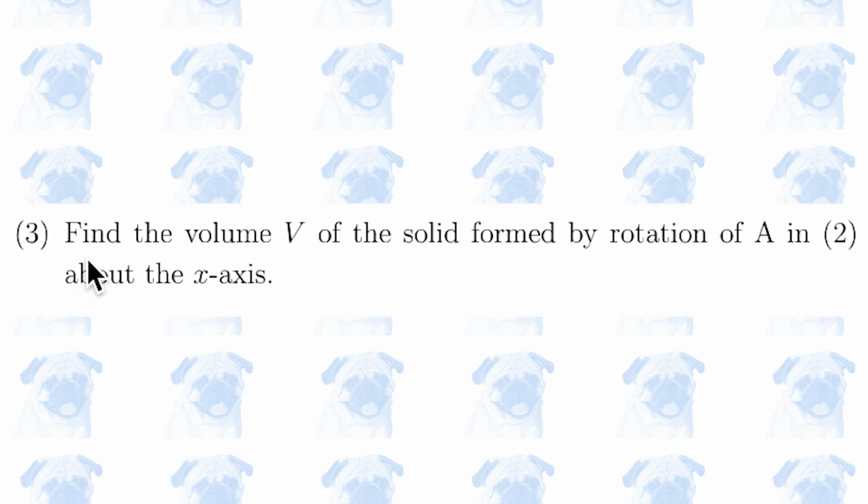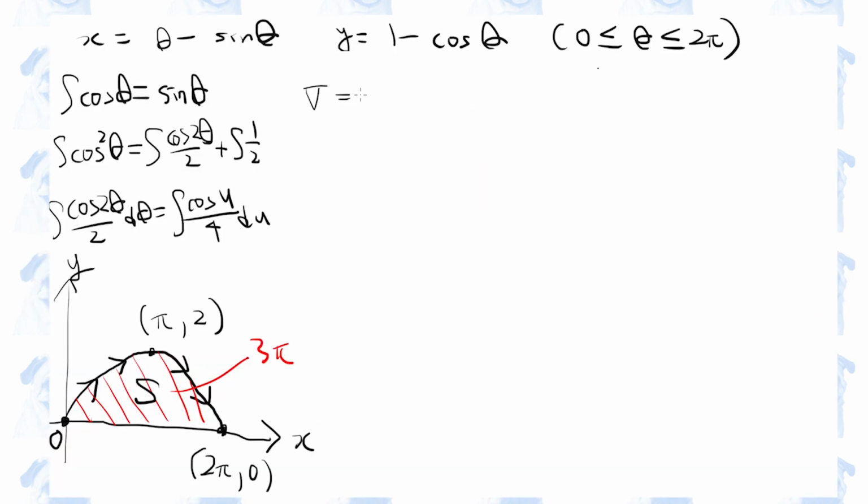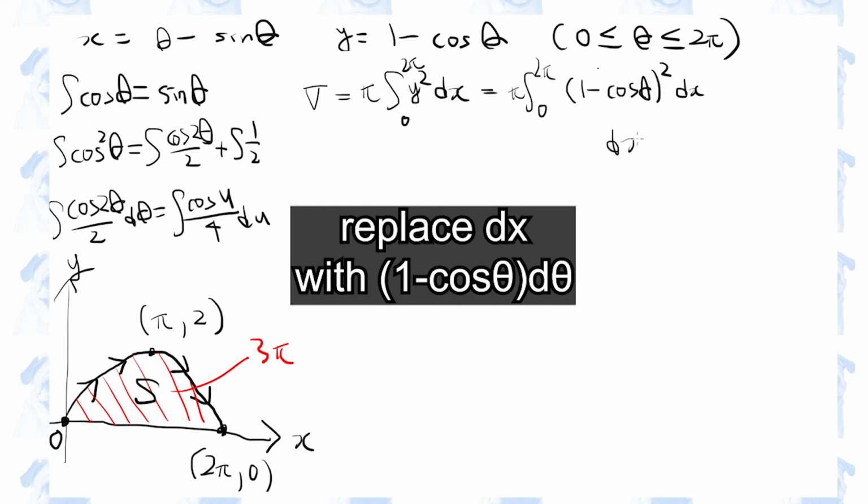Number 3. Find the volume V of the solid formed by rotation of A in number 2 about the x-axis. Recall the formula for the volume, the integral of (1 minus cosine theta) squared dx. And dx, if you recall, is (1 minus cosine theta) d theta.